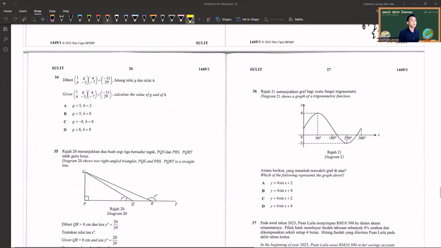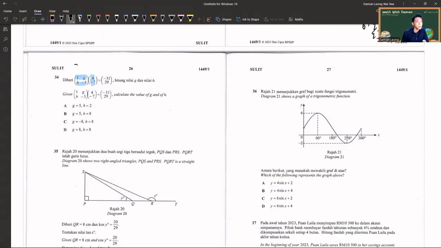So what we do is, okay, we look at rows for first matrix and column for second matrix. Okay, lihat barisan bagi matrix yang pertama dan lajur bagi matrix yang kedua. Lepas tu kami mendarabkan dia.